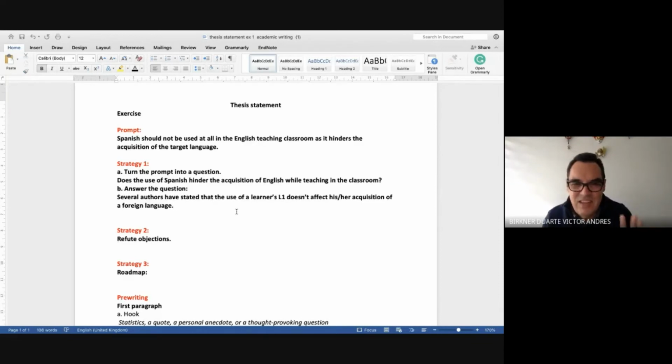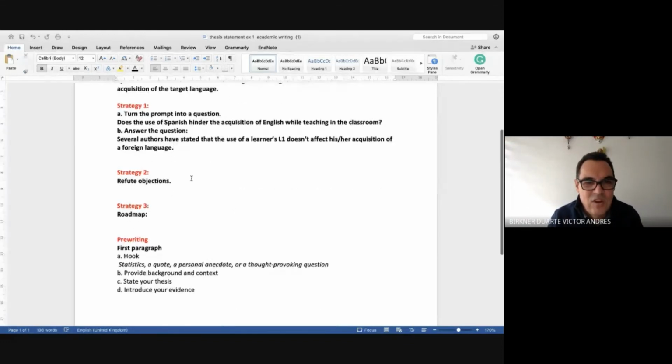But for me, it is a little bit weak, right? So probably I would not use that type of strategy, but it's a good way to start, okay? You can start with this strategy because it's the easiest, and then you can write a more elaborate thesis statement using the second or the third strategy.